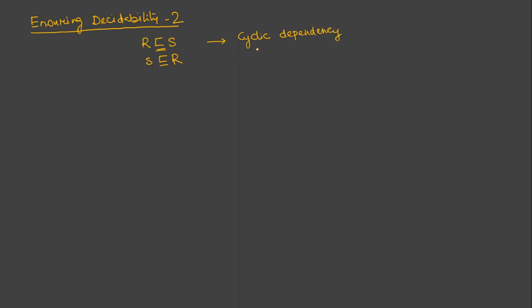And it might so happen that the reasoner will go on into an infinite loop, because we have a cycle here, right? And that will make the system undecidable, because we cannot have our answer within a bounded amount of time, right?